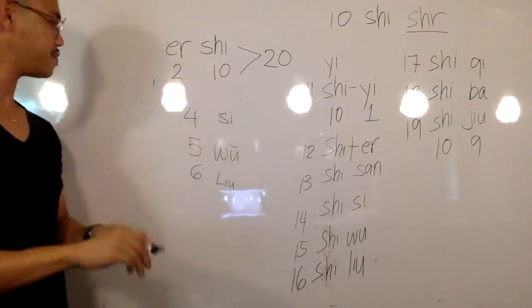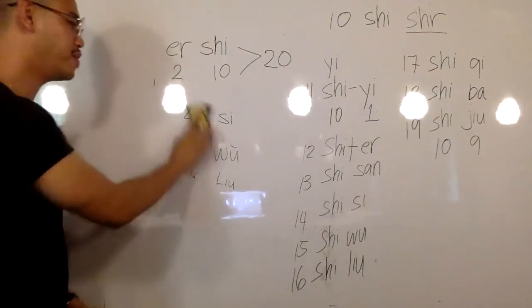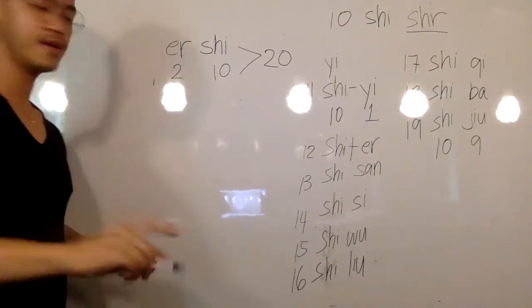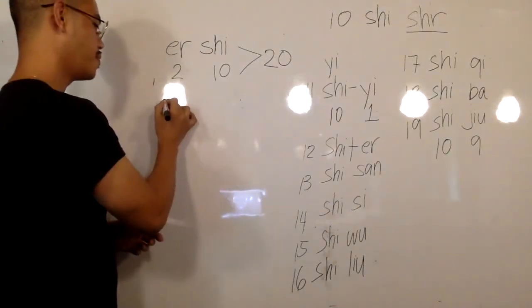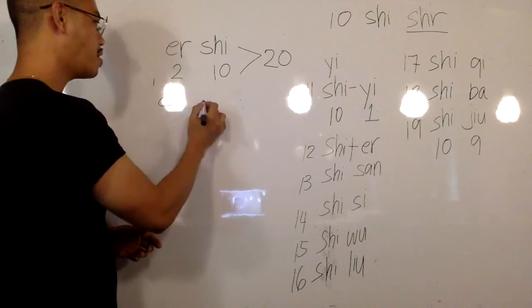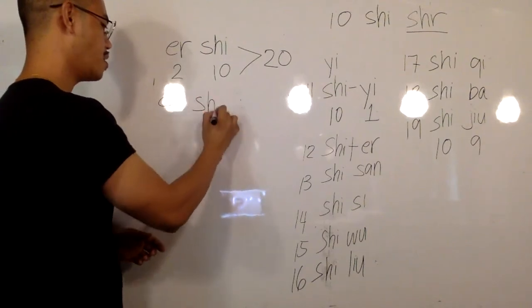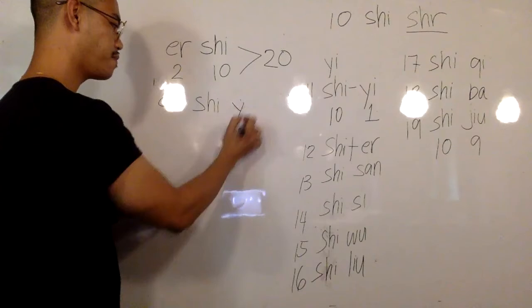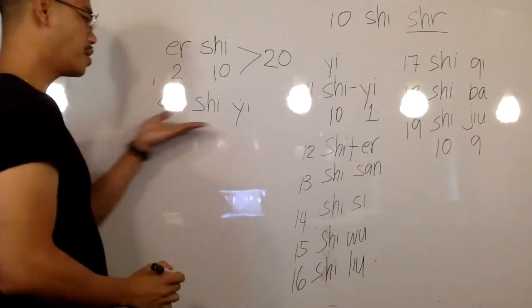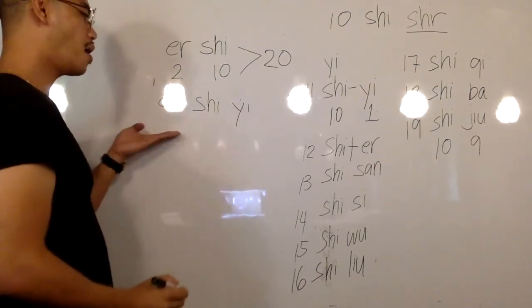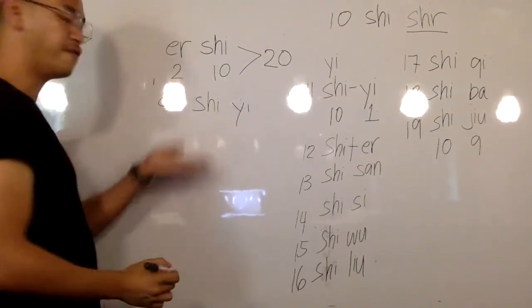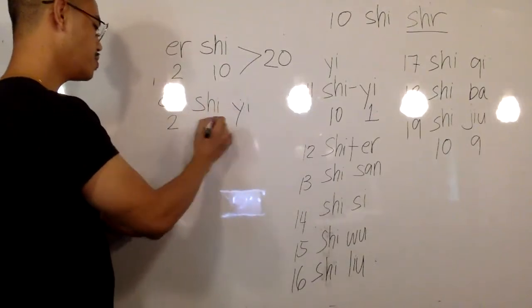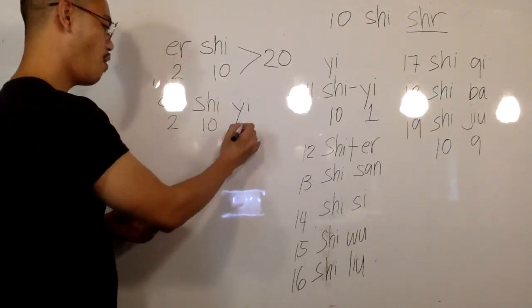How do we say 21? Okay, we say er shi. And what's number one again? Yi. Er shi yi. If you translate it, it literally means 2, 10, 1.